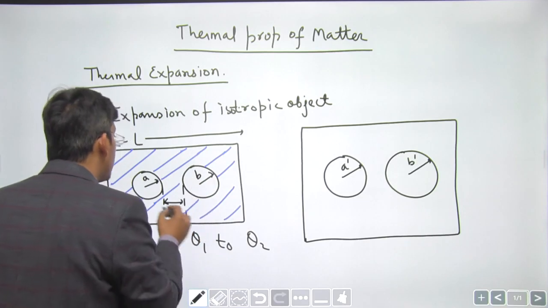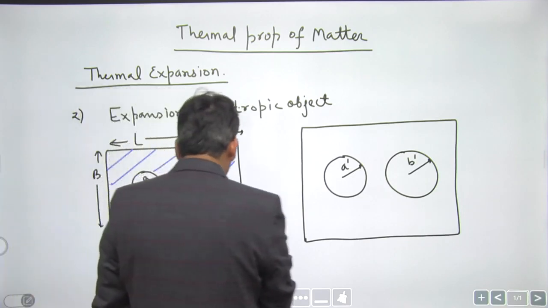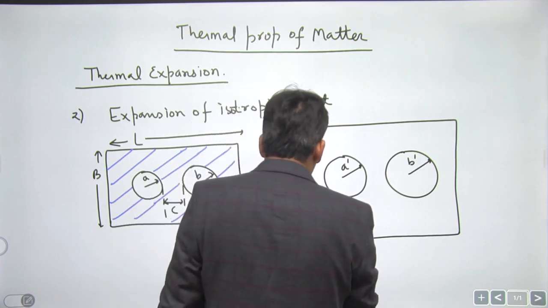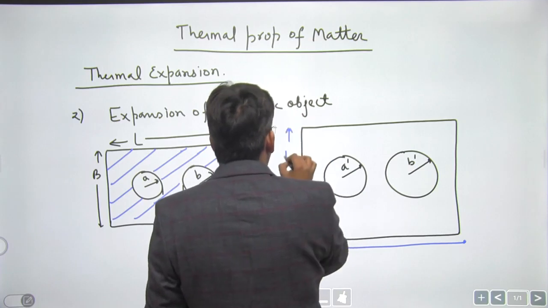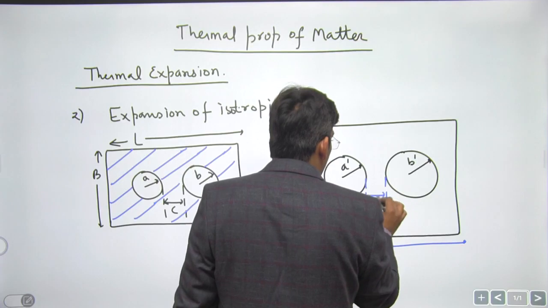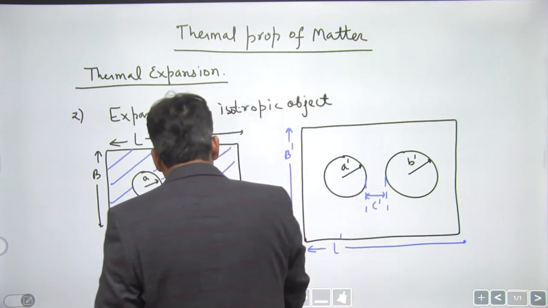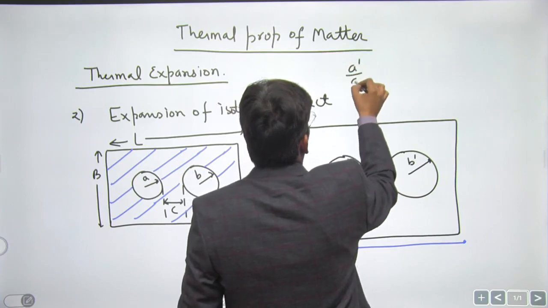The common misconception is that metal may expand and fill the hole. It never happens, right, dear students? So new length becomes L dash, new width becomes B dash, and the distance between these circular holes becomes C dash, right? Keep in mind that the ratio of every new thing by original thing is greater than 1.